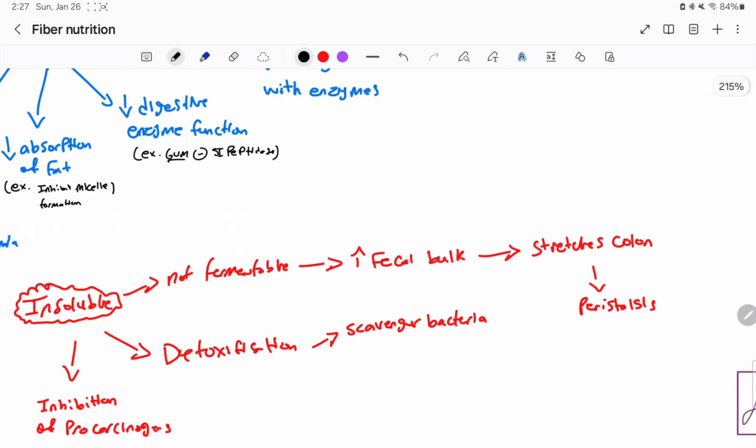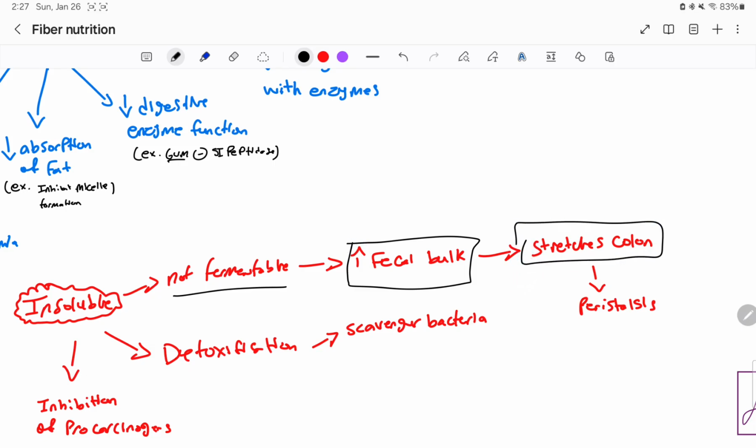With insoluble fibers, again, they're not fermentable. Okay, meaning they're not very water soluble, okay? And that's actually good, okay? Because they're not water soluble, they're not fermentable. And the less fermentable a fiber is, the more it can actually add up to your fecal bulk, okay? So these guys have the ability to increase fecal bulk, which will actually stretch out the colon.